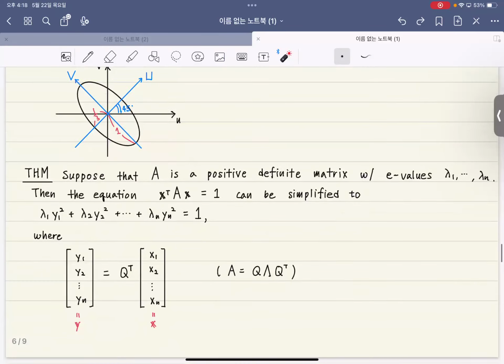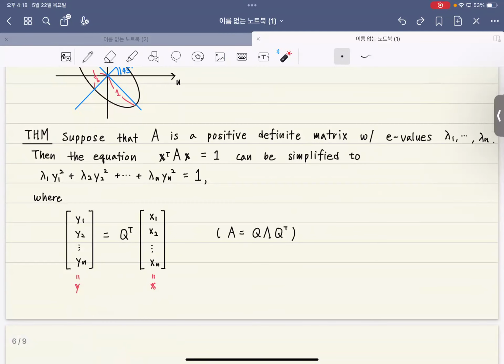So this entire discussion can be summarized by this theorem. Suppose A is a positive definite matrix with eigenvalues lambda 1 to lambda n.